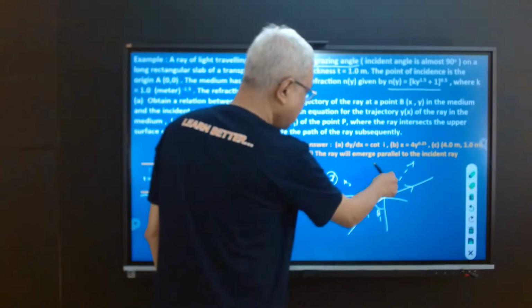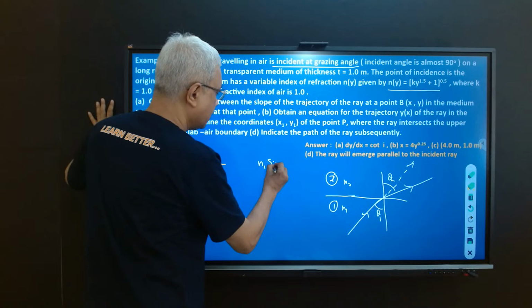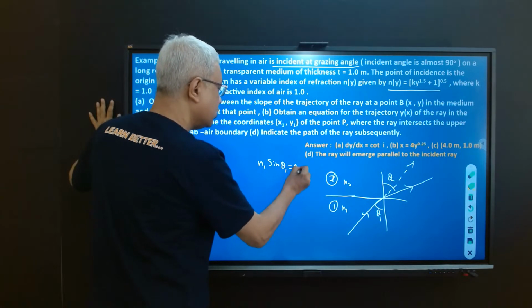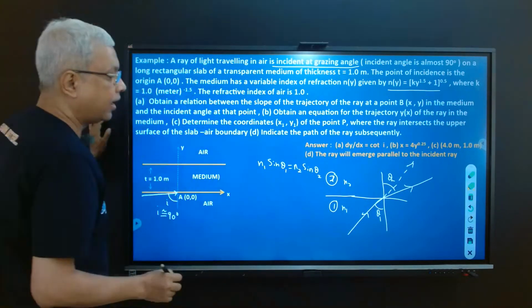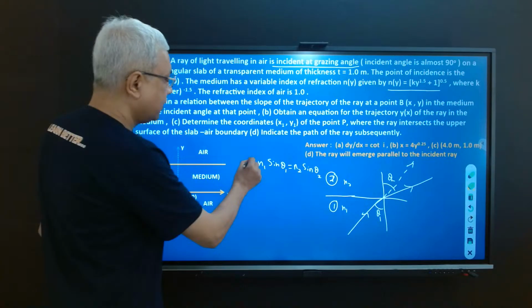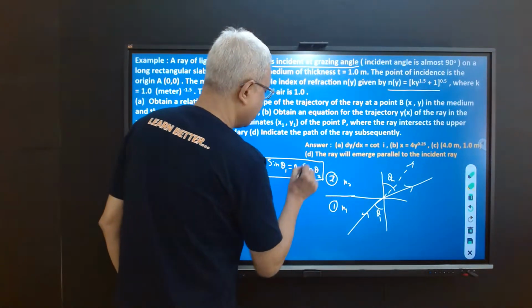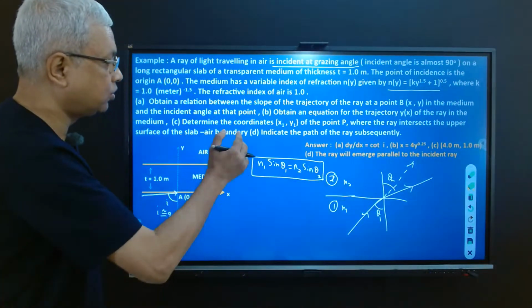If theta 1 is known, the angle of refraction theta 2 can be determined using Snell's law: n1 sin theta 1 equals n2 sin theta 2. This is the famous Snell's law, which guides us to determine the angle of refraction in medium 2.